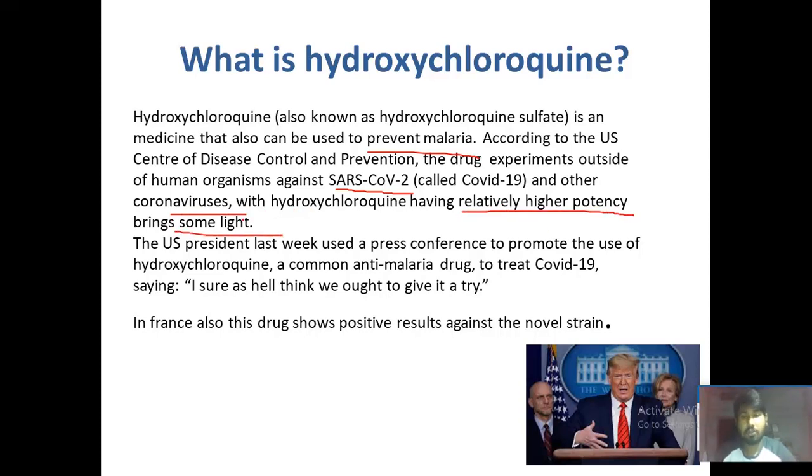That is why the United States president, last week, used a press conference to promote the use of hydroxychloroquine, a common anti-malaria drug, to treat COVID-19. That was the statement made by Donald Trump. In France also, this drug shows positive results against this novel strain.